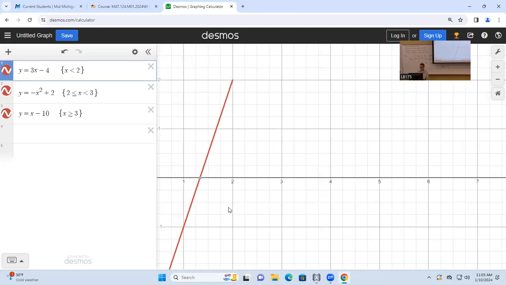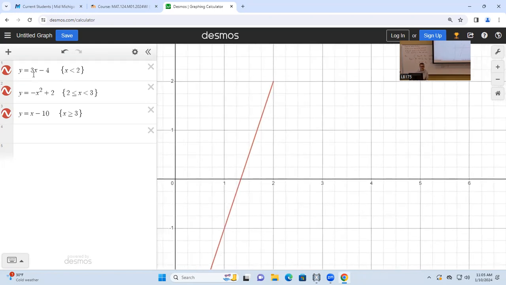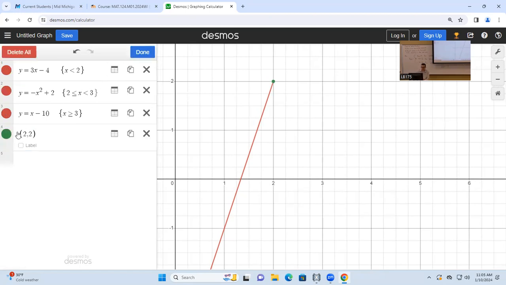You see that is the point 2, negative 2. That came from 3x minus 4. Does it touch or not? Well, if we do not have equal to, it's not going to touch. So oftentimes you'll see a point, and that point will be an open circle to indicate it doesn't touch there.